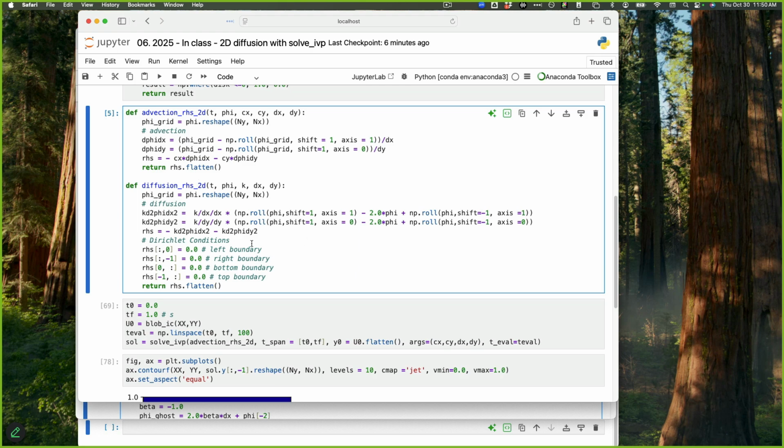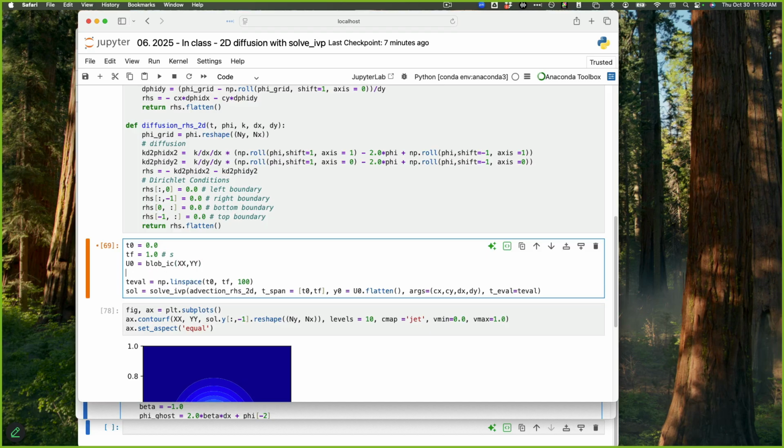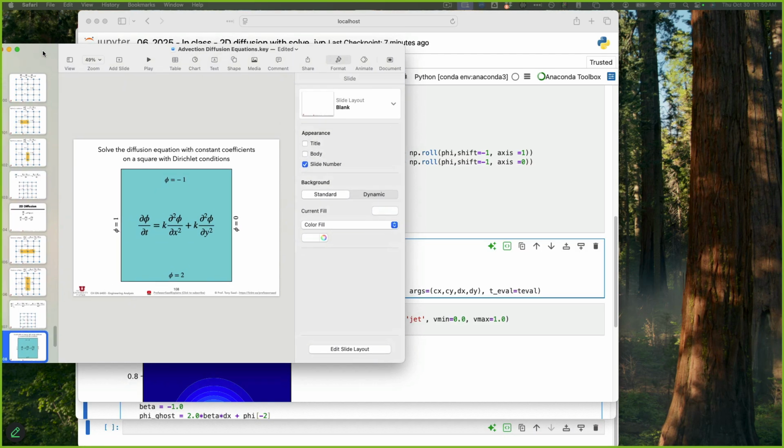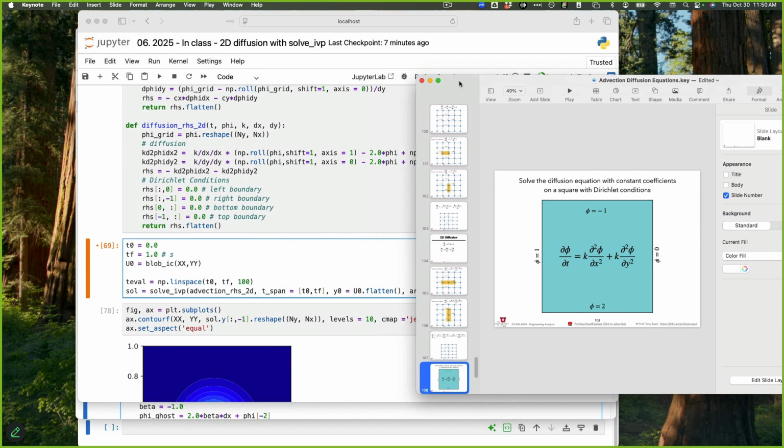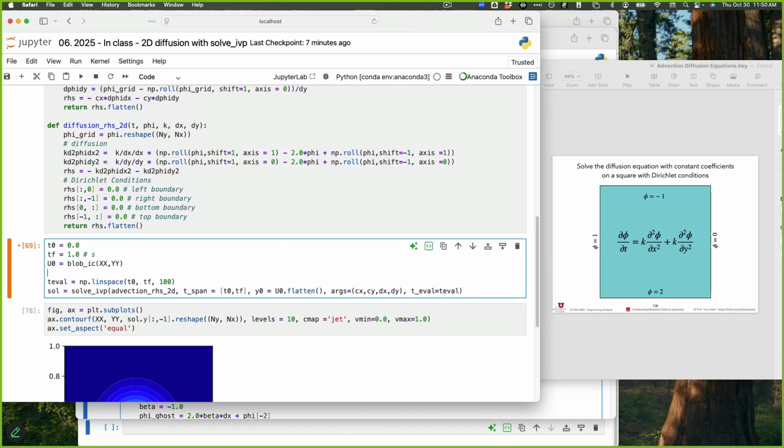Perfect. Okay. All right, so I still have my initial blob, but I need to set my Dirichlet conditions now. On the left, what did I have? Phi equal 1 or something, right? Yes, so on the left, I had phi equal 1. On the right, I had phi equal 0, etc. So let's fix this. On the left, it's going to be u0, all the y values, the first x value, and that's going to be 1.